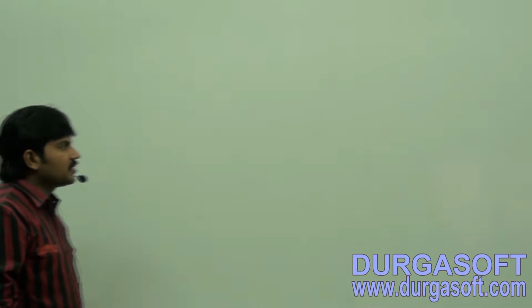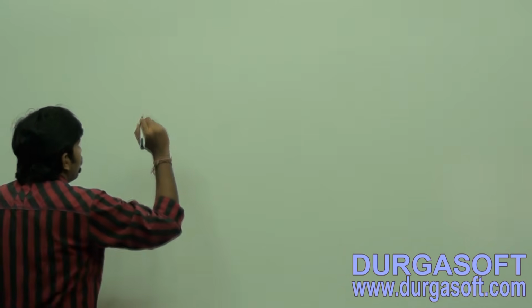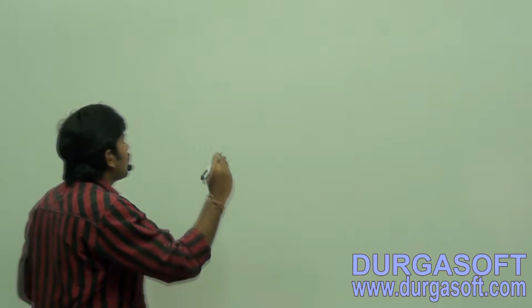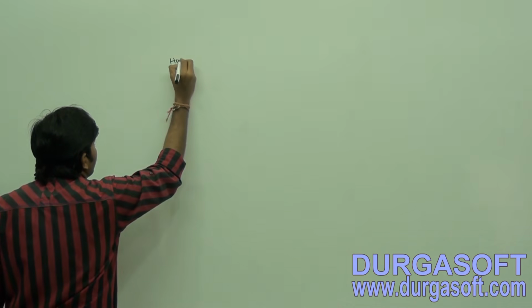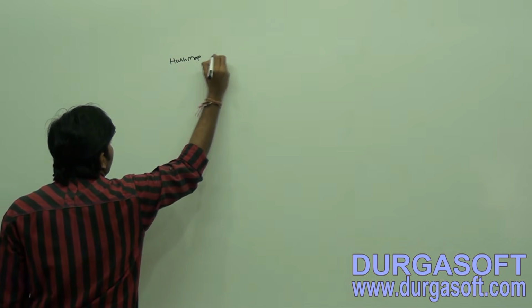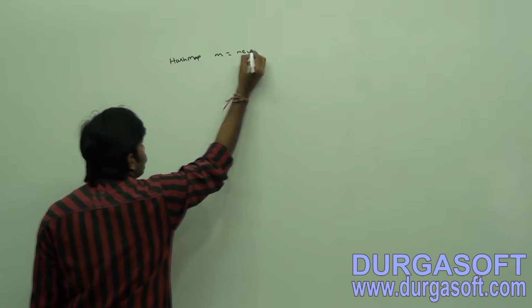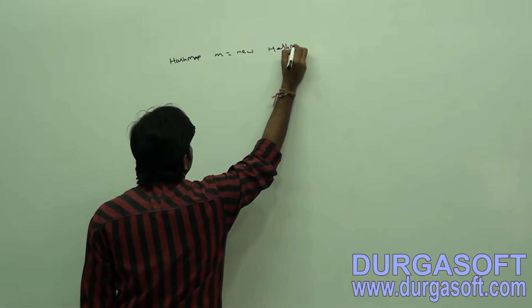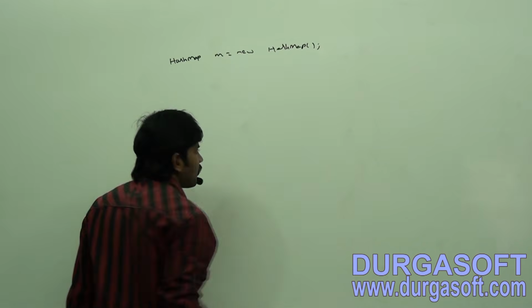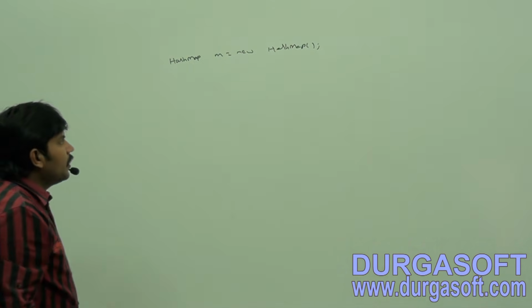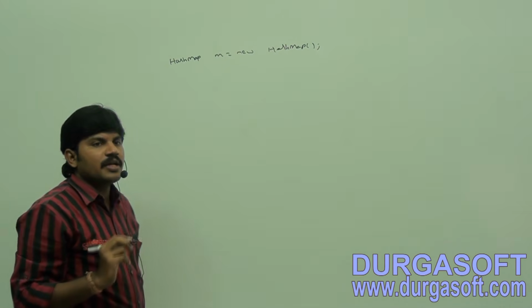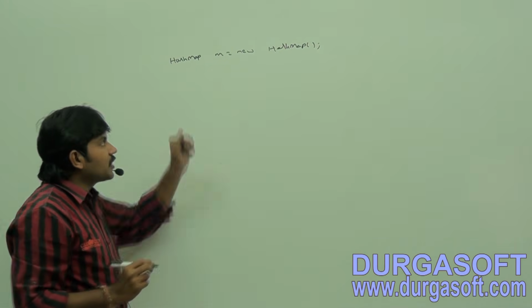Very simple. Here, by default HashMap object is synchronized or non-synchronized? Now I am creating a HashMap object: HashMap m = new HashMap(). Now I want to get synchronized version of HashMap object.